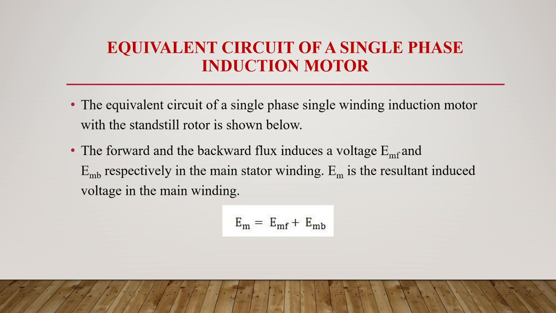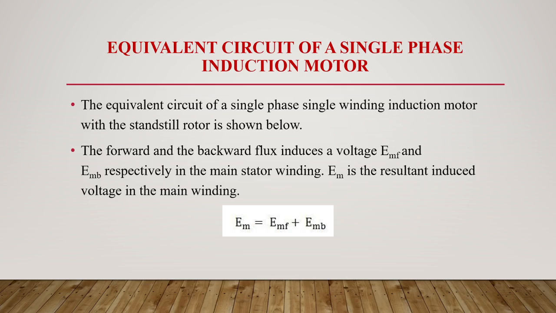The forward and backward flux will induce voltages, EMF and EMB respectively, in the main stator winding. So the two voltages are produced because of the forward flux and backward flux, that is voltage EMF and voltage EMB respectively in the main stator winding. Okay. So EM will be the resultant induced voltage in the main winding.